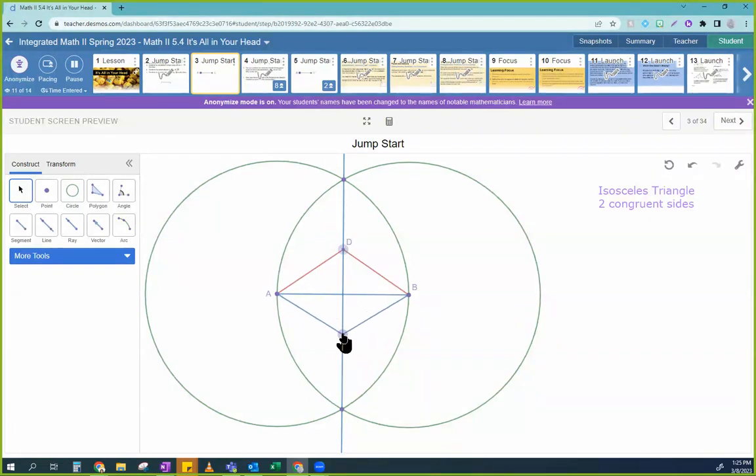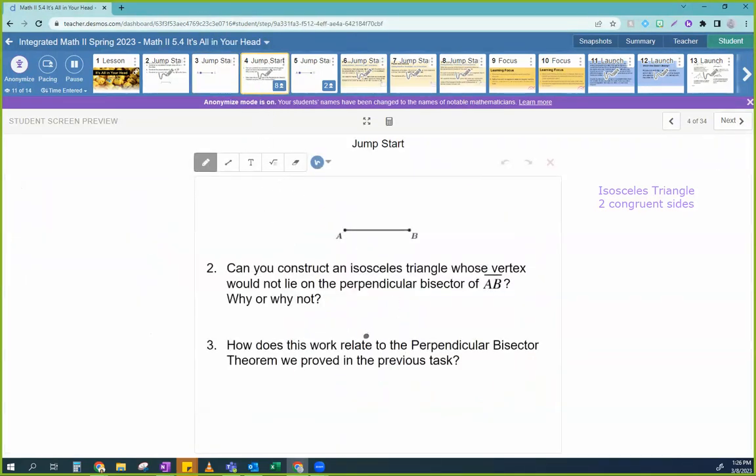Does that make sense? Once I put him on the perpendicular bisector, then he starts looking congruent, right? Those two segments look congruent. But if I pull him off the perpendicular bisector, does everybody see how he's no longer congruent? Very good.